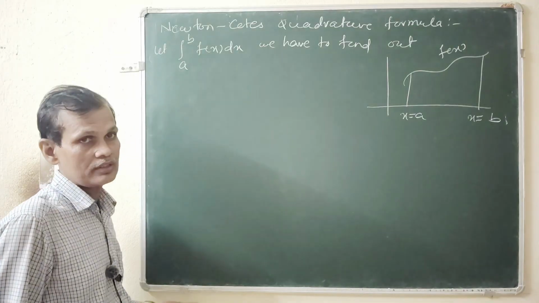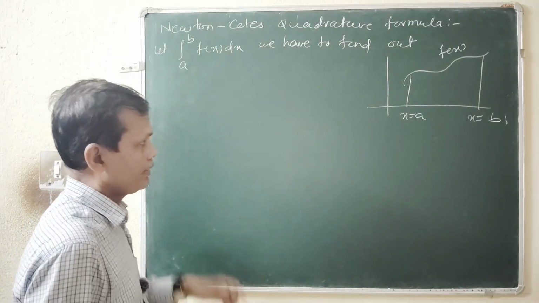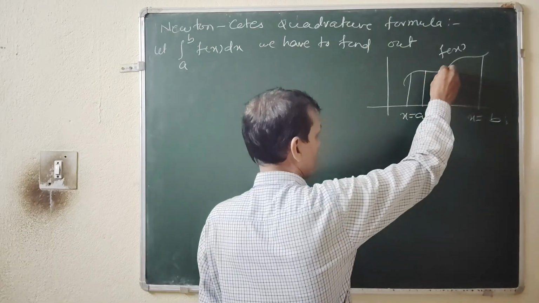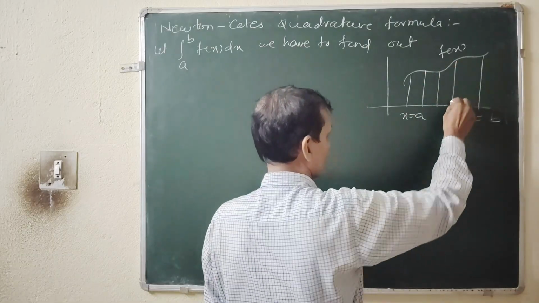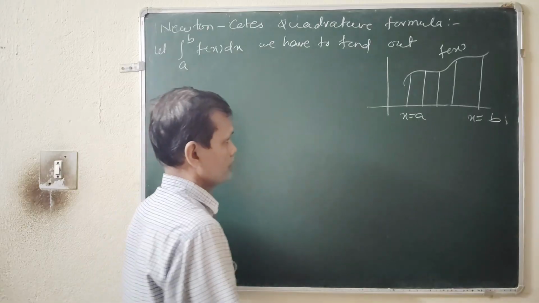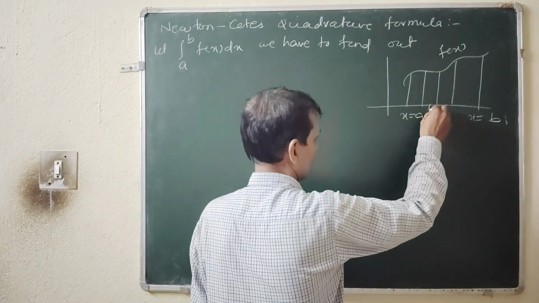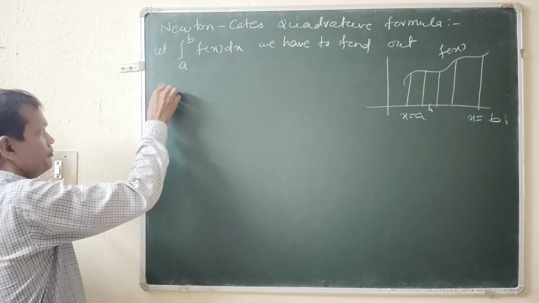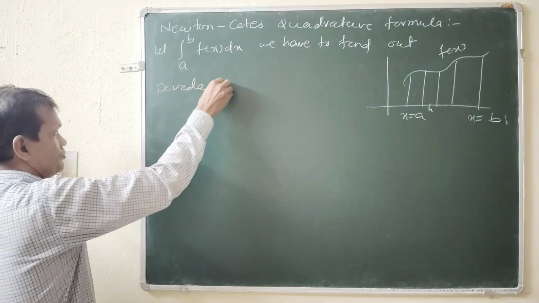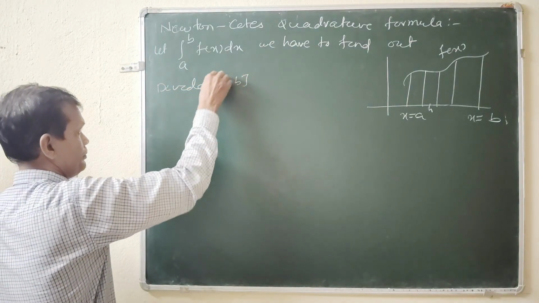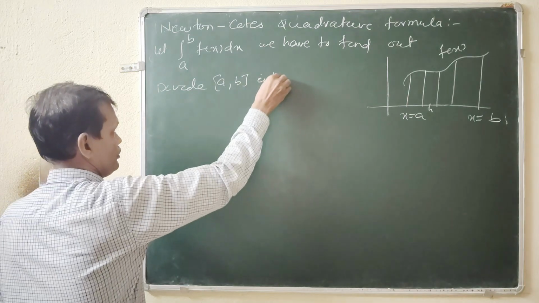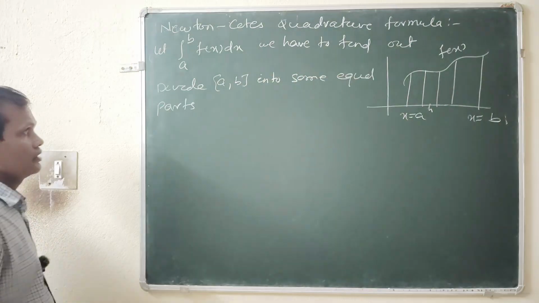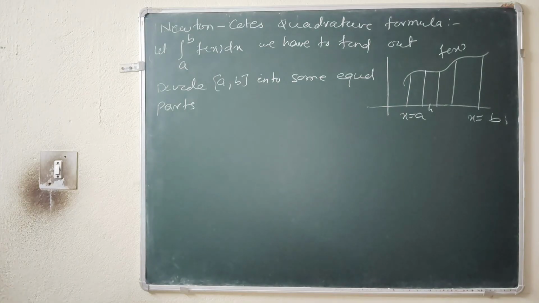Then how do we integrate? Newton gave the idea that you divide this into some equal parts, and this length is called h. So divide the interval AB into some equal parts.